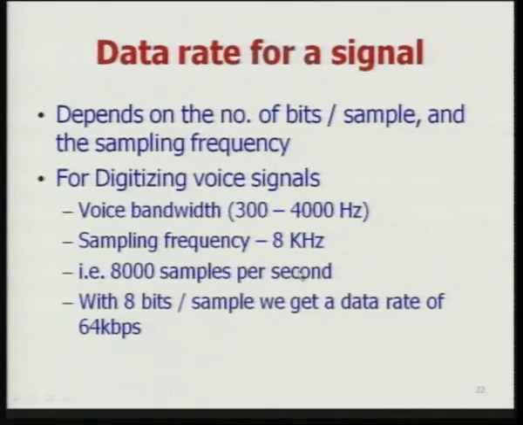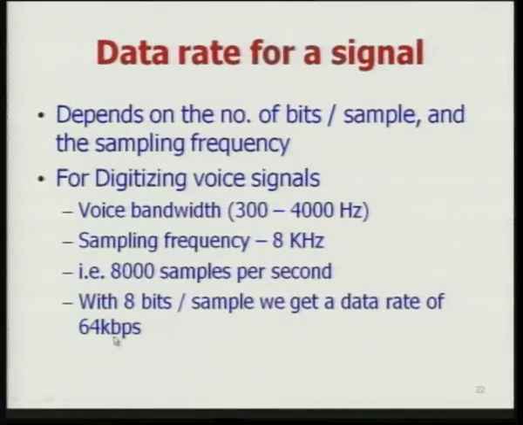The reason why we need to worry about the data rate of a signal is that when you increase the number of bits per sample in order to decrease the quantization noise, you are actually increasing the data rate for the signal. If I use 16 bits instead of 8 bits to represent each sample, I would get a data rate of 64 kilobits per second times 2, which is double the data rate that I have over here.